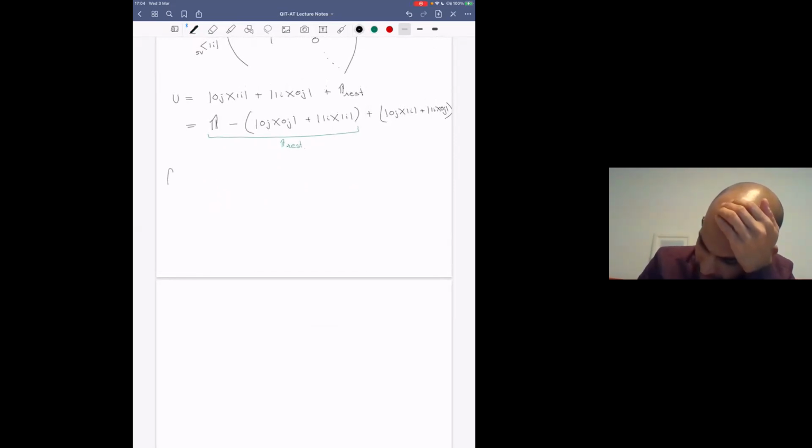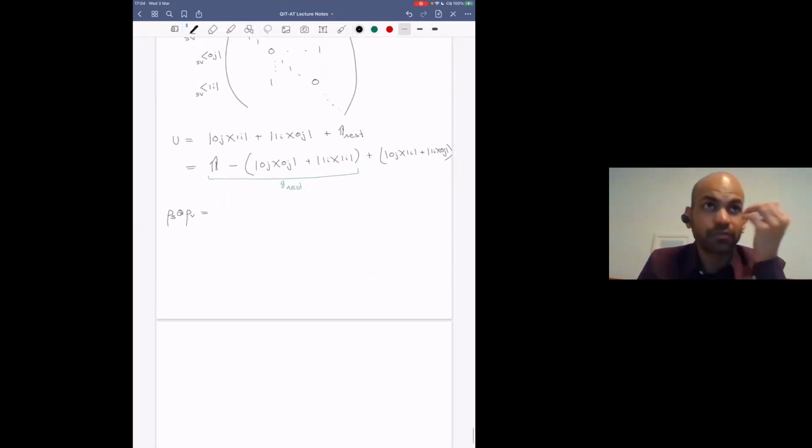So we have the state rho S tensor rho V, which we can write in the following manner.